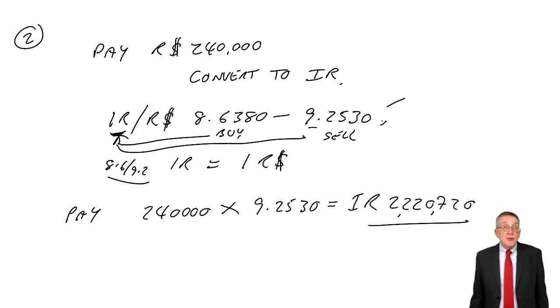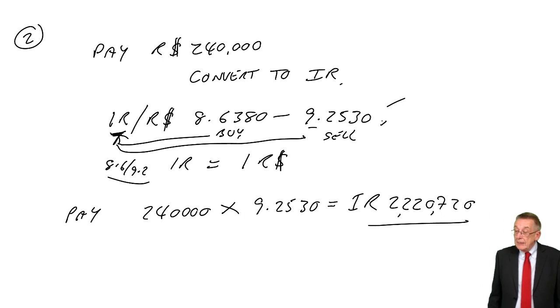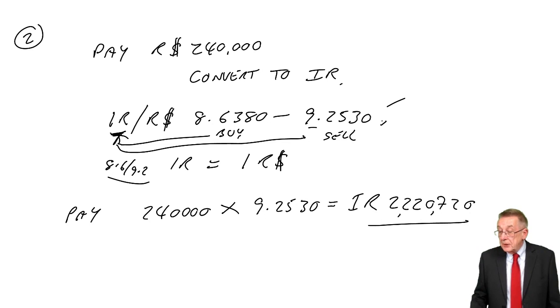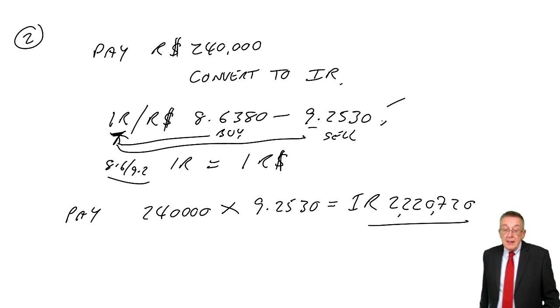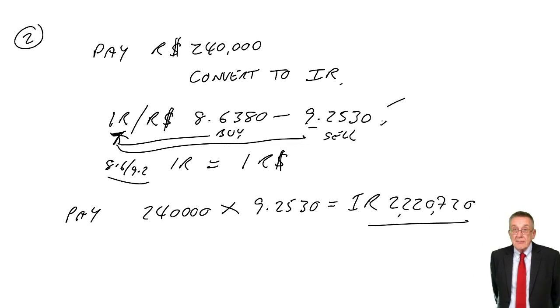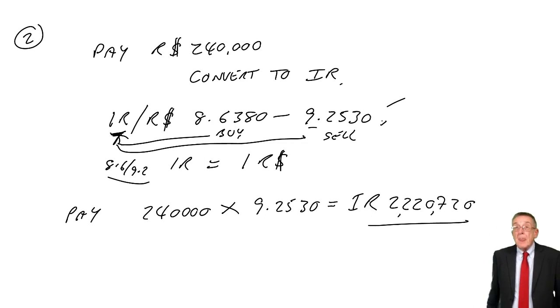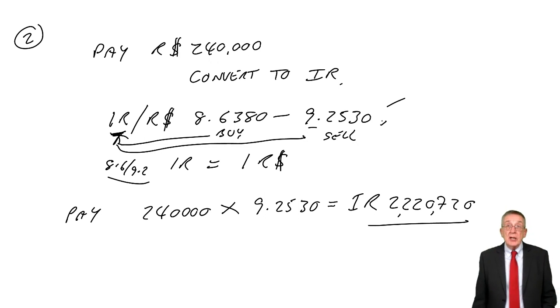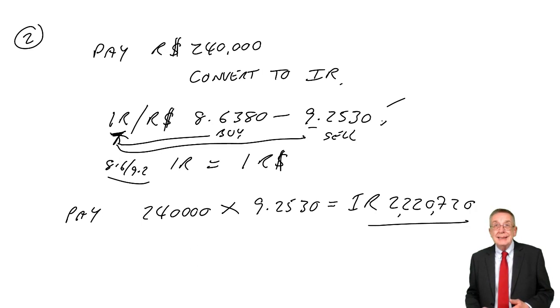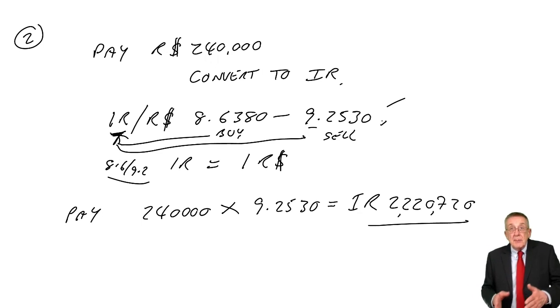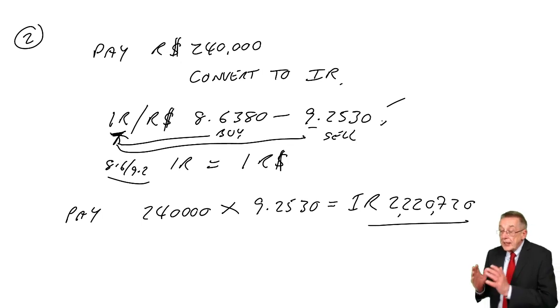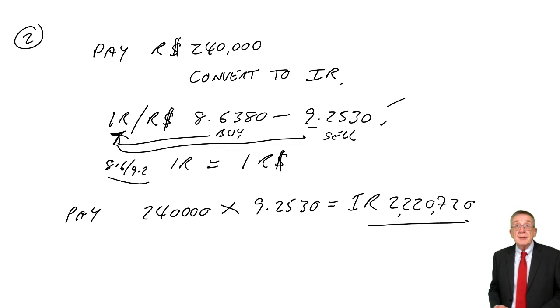However, as I said, where the risk comes is that, well, look at example 2. Maybe we do owe 240,000 Ruritanian dollars. Maybe the exchange rate today is 8.6 to 9.2. But if we're not going to pay the money for another month, 2 months, 3 months, whatever, then of course by the time we come to pay it, the exchange rate could be completely different.